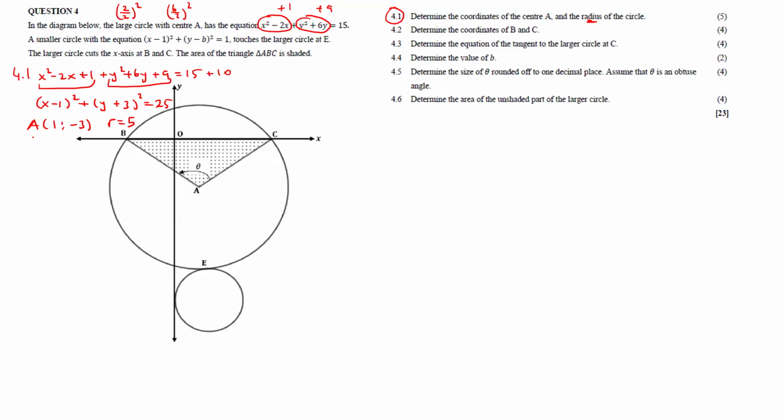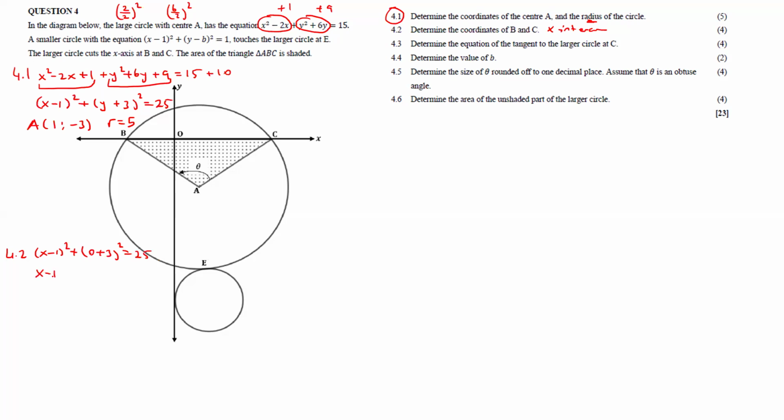Determine the coordinates of B and C. So the coordinates of B and C are the x-intercepts of the circle. X-intercept means the y coordinate is 0. So we need to substitute 0 in the equation of the circle. So 4.2: (x minus 1) squared plus (0 plus 3) squared is equal to 25.